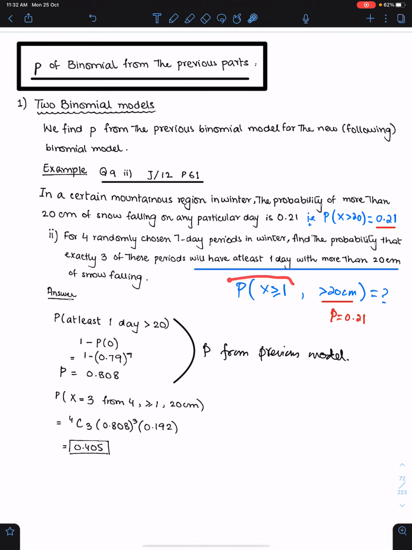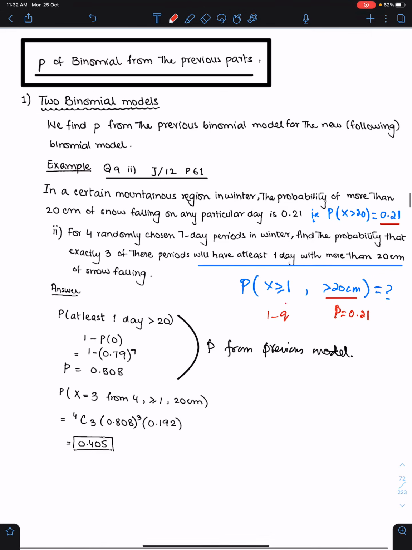So you have to find the probability of at least 1. We write at least 1 in this way: 1 minus q power n. In this case, n is 7 because of the 7-day period, and q will be 0.79.